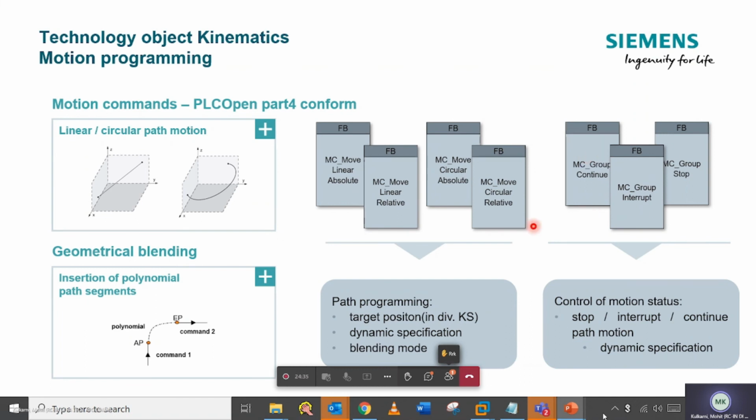So when you travel, let's say, from point A to point B, and in between you want to inspect something with the help of some camera system, you can interrupt the kinematics motion and inspect something over there, and again you can continue after the signal is okay, then you can continue your path. So all these commands will be helpful for writing the user code.